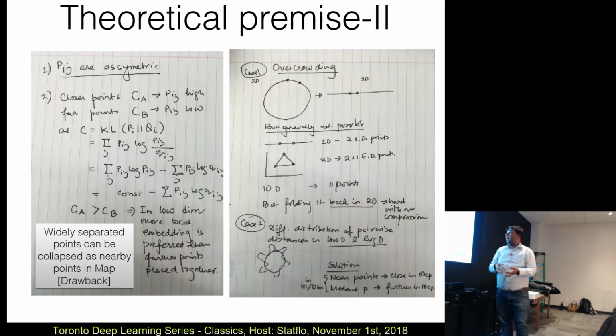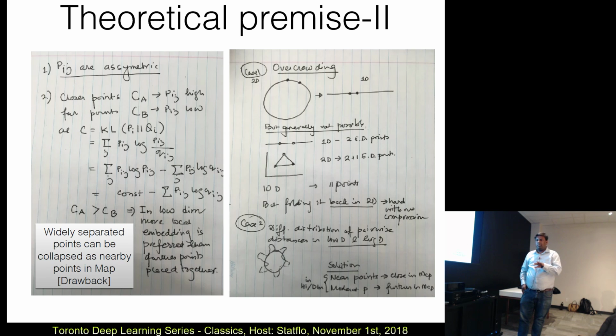If points are far apart, the cost is also high, but it's less than the other cost. Because CA is greater than CB, widely separated points can be collapsed as nearby points in the map, which is sort of a drawback of t-SNE, but it does ensure that close points in the data become close points in the map. That's somewhat there in this asymmetric construction of the KL divergence.